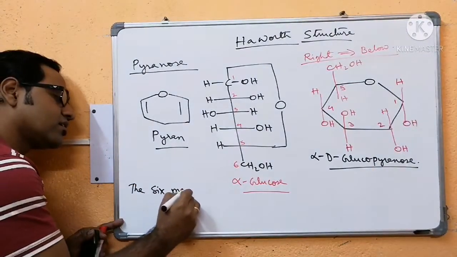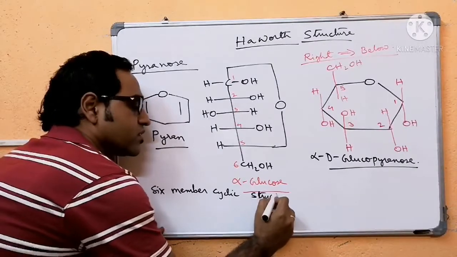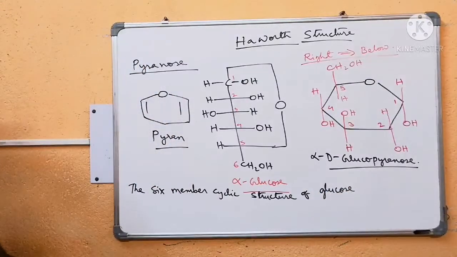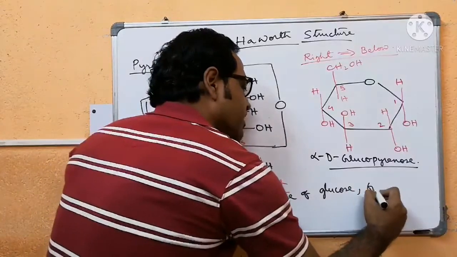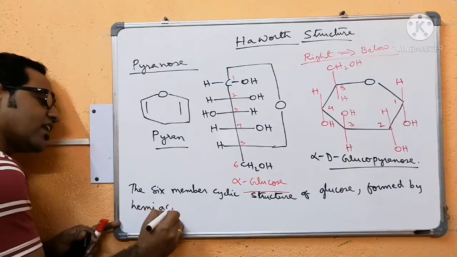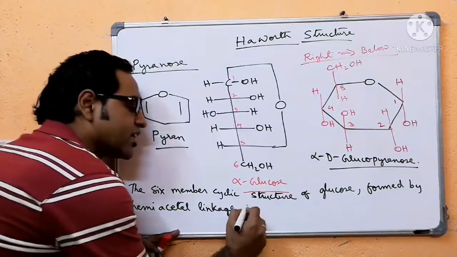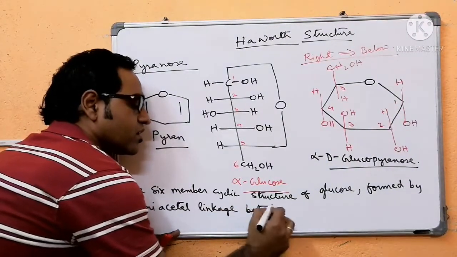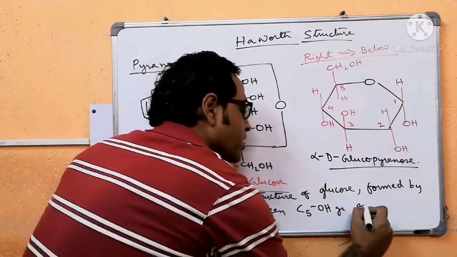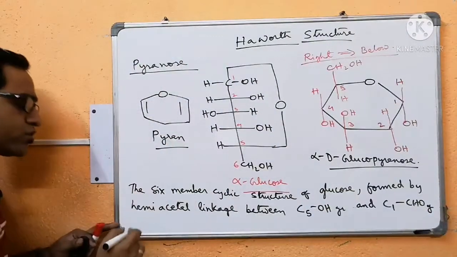The 6-member cyclic structure of glucose formed by hemiacetal linkage between C5 OH group and C1 CHO group is called pyranose structure.